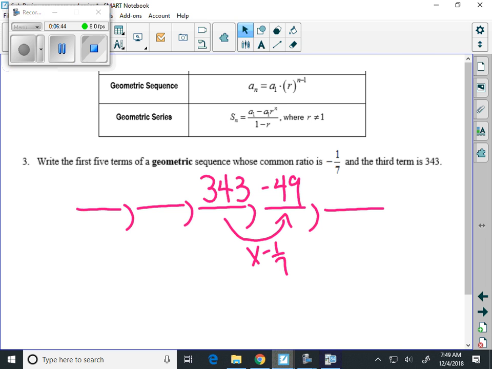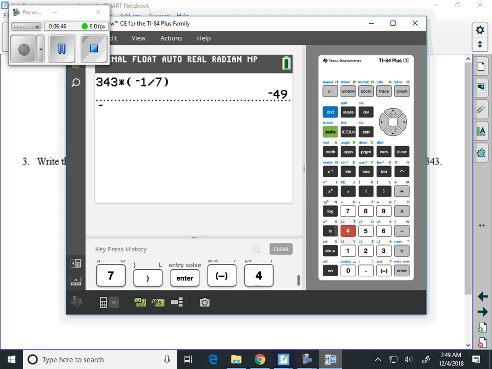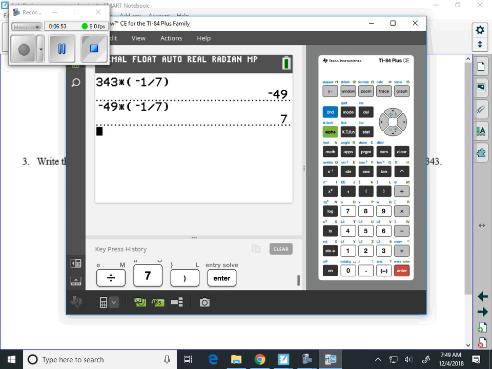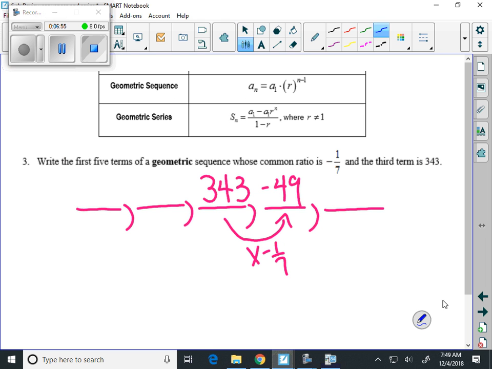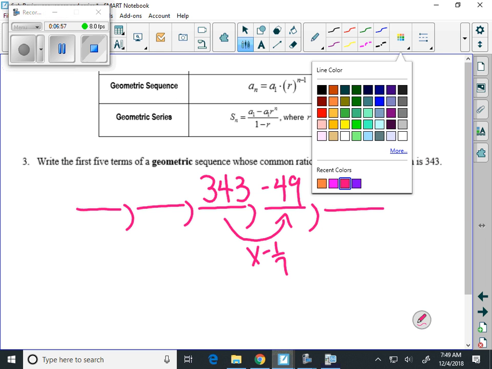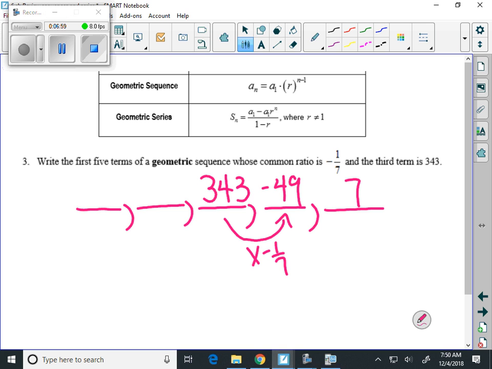Let's keep going here with our calculator. We can take negative 49 times negative 1/7, which gives us 7. As we're going to the right here, we're multiplying by negative 1/7.